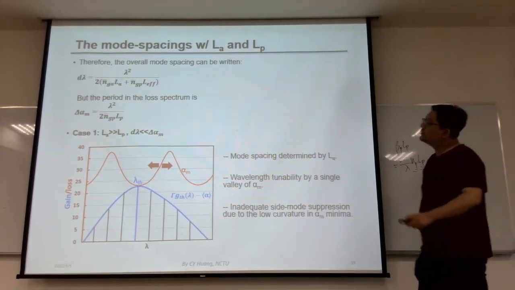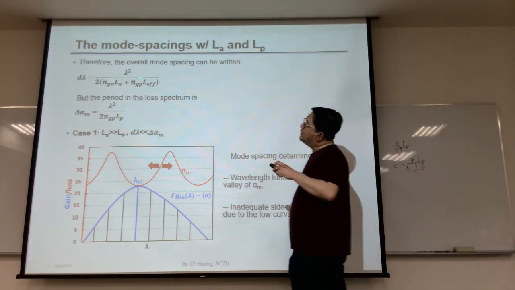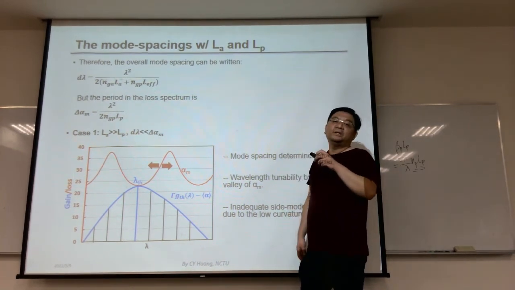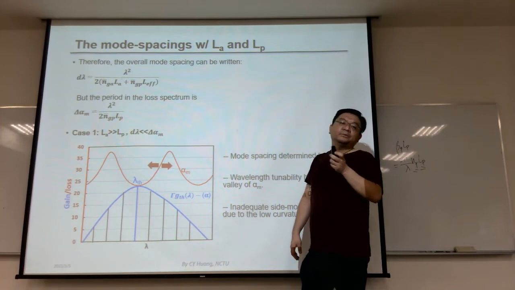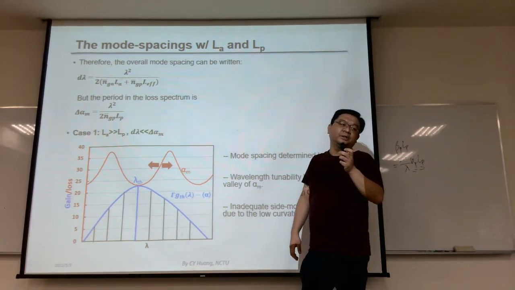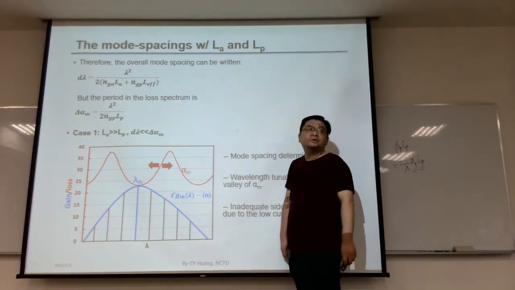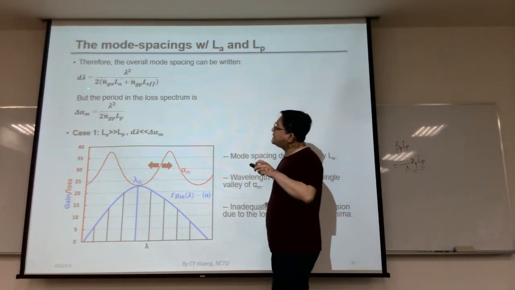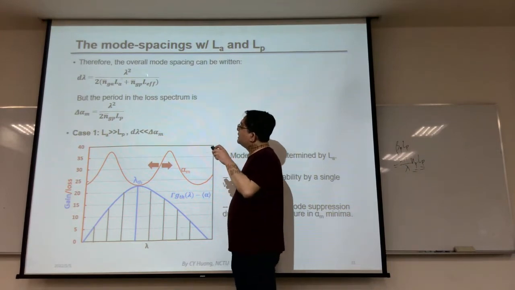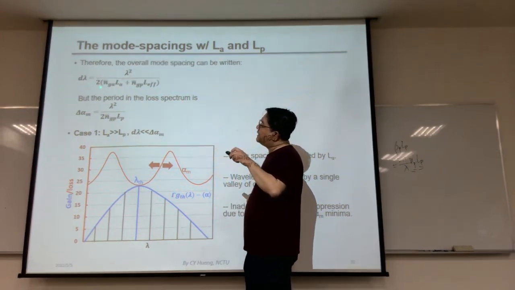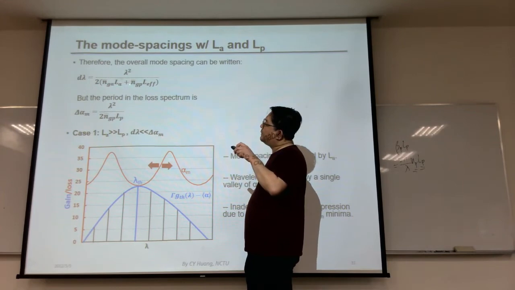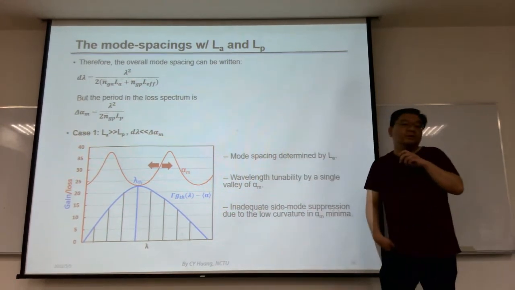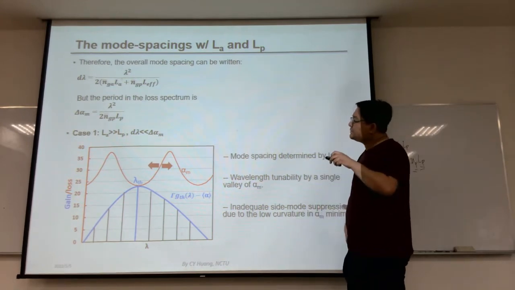Okay, then we can replace the LEFF into the same result we derived in lecture A. The mode spacing, the most basic, should be lambda squared divided by 2 NG LA plus NG LP EFF, which is a more general form.